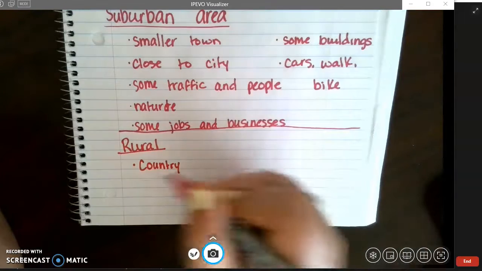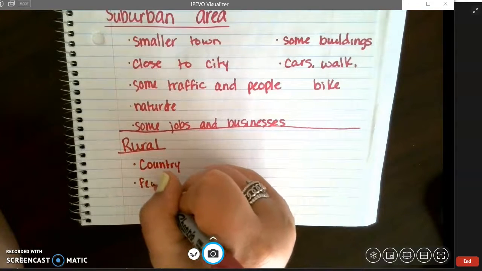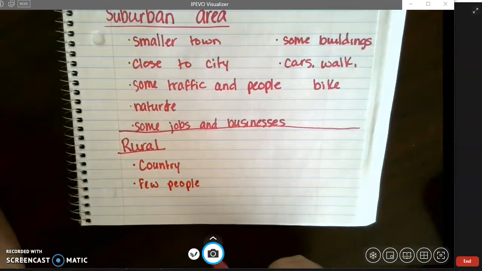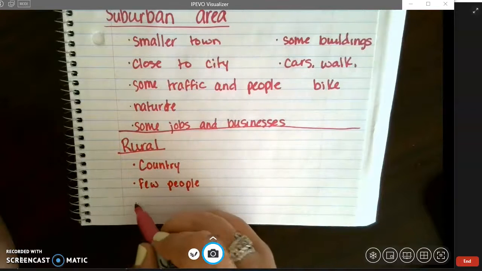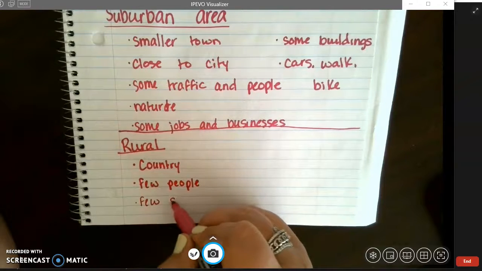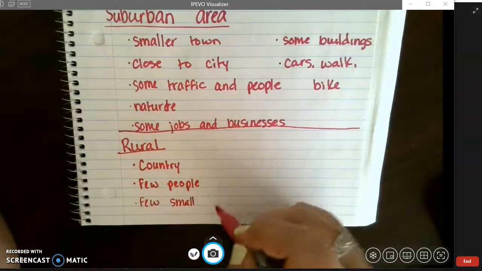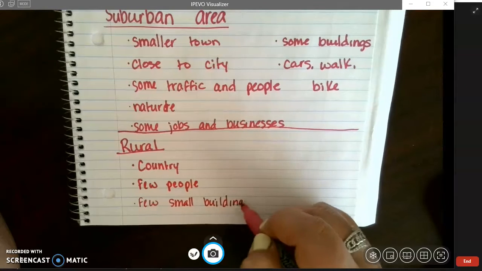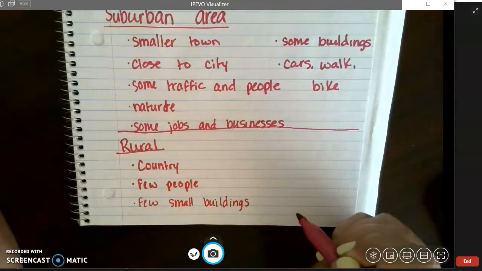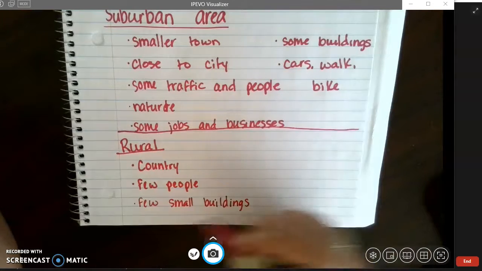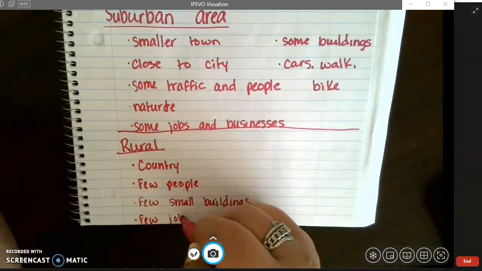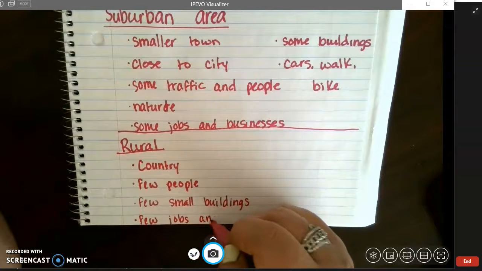It is the country. There are few people, not many people. They're spread out. There are few buildings and they are small. So our buildings are much smaller than in a suburban area or an urban area for sure. There are few jobs and businesses because there's less people. There's less need for jobs and businesses.